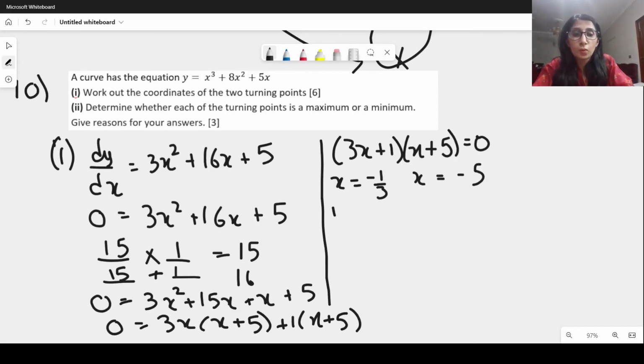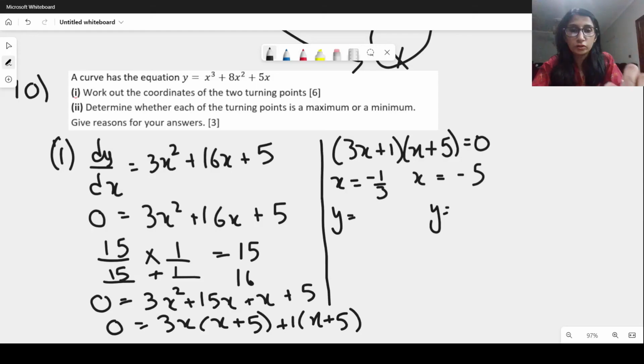Now we need the corresponding y to find the complete turning point. So we just substitute these two values here. I'm going to do that directly in my calculator. So for the first one, minus 1 by 3 whole cube plus 8 times minus 1 by 3 plus 5 times minus 1 by 3.